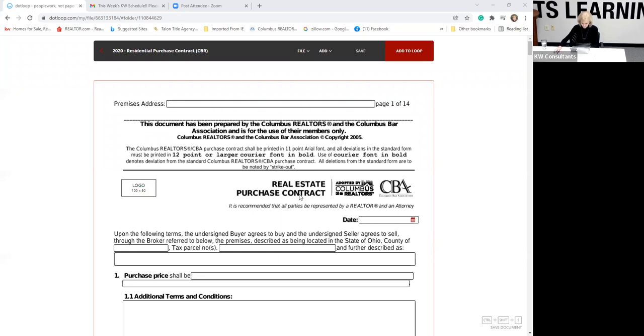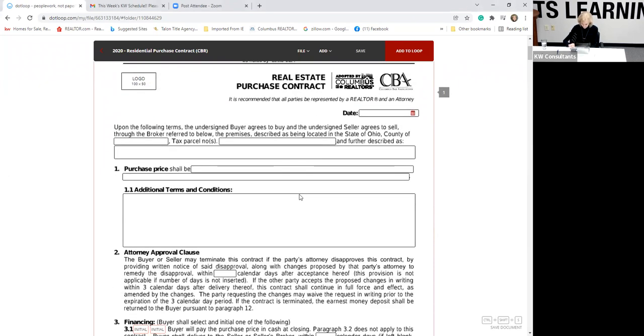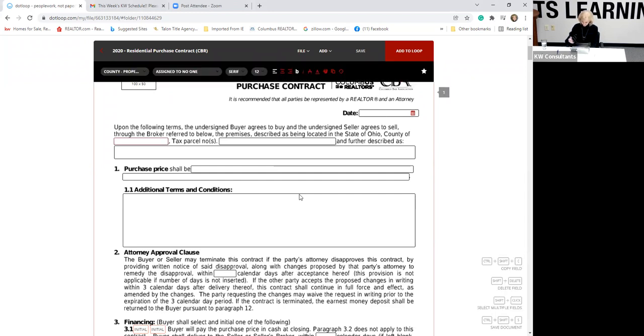So let's just start out with the purchase contract. At the very top, you put in your address and your date, and be sure you put in the right county, wherever you are, the parcel number, and then the address.